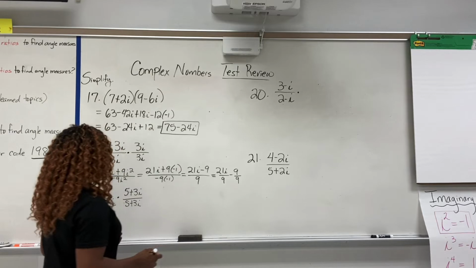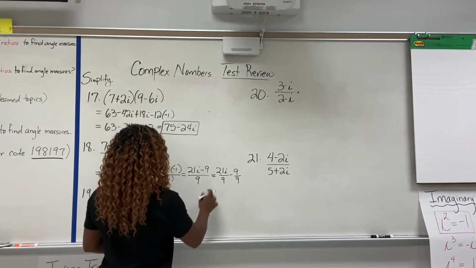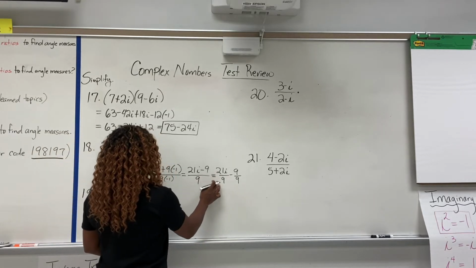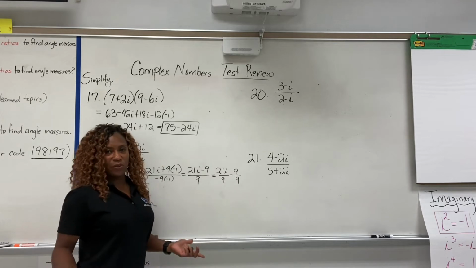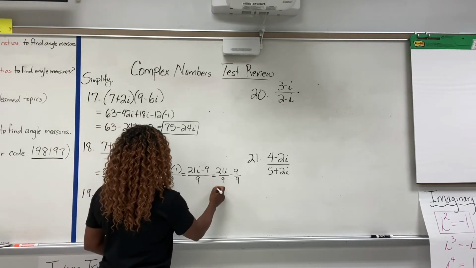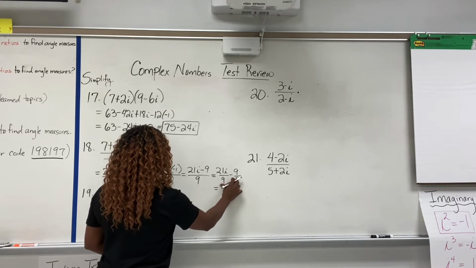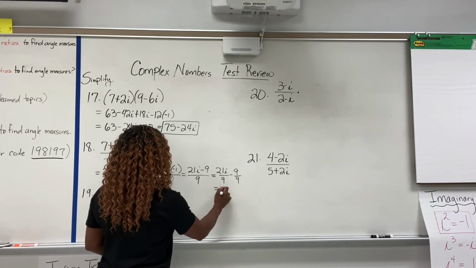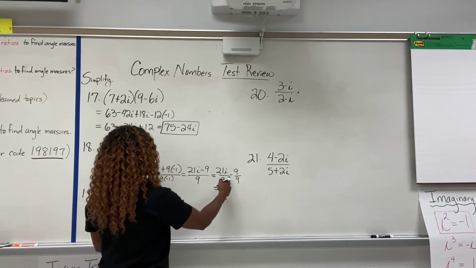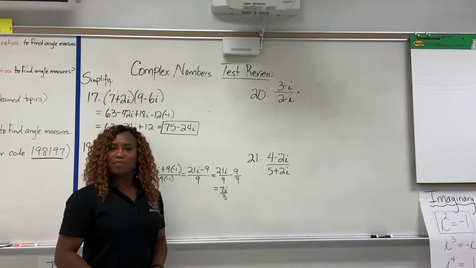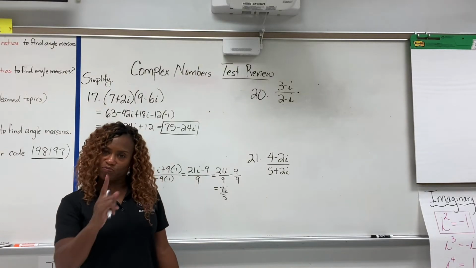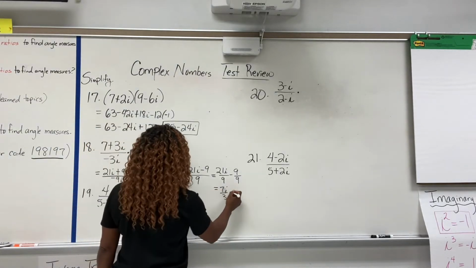But look, these can be simplified because 21 and 9 have a 3 in common. So I'm going to rewrite this as 7, 3 goes into 21, 7 over 3. But don't forget your i. And here, what is 9 divided by 9? Well, what's anything divided by itself? 1. So this will be -1.